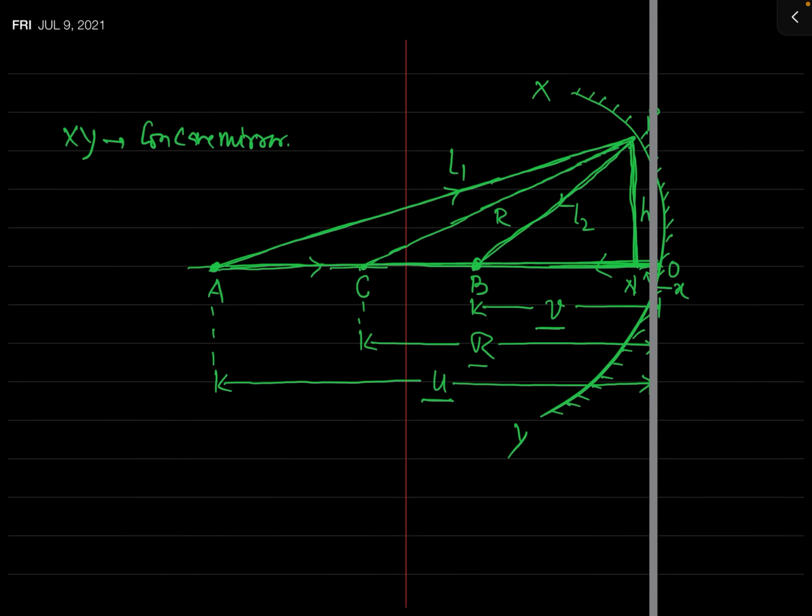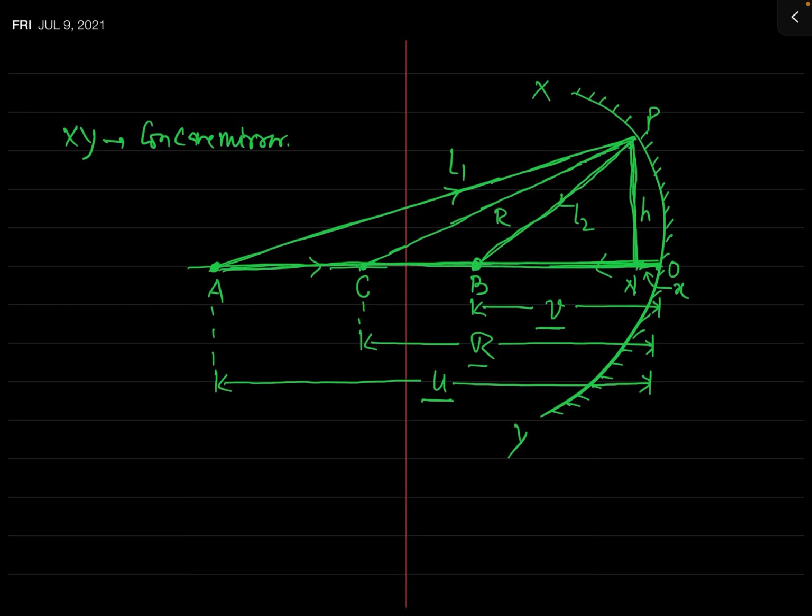Now one thing here we should note, when you consider that AP is a paraxial ray, as I have told you, paraxial ray means what? Paraxial ray means a light ray which is very close to the principal axis of this mirror. So this point P will be very close to O, and when P will be very close to O, this distance ON, which we have assumed is X, will actually be very small.